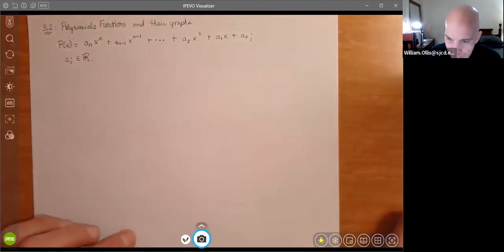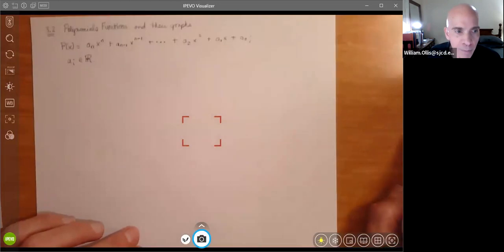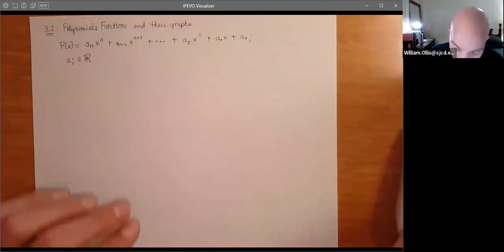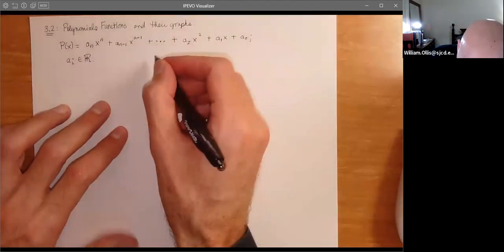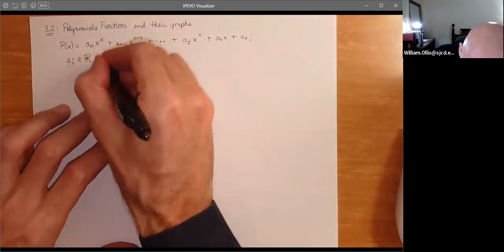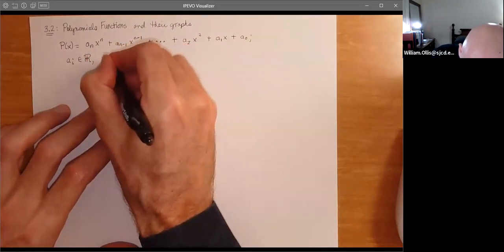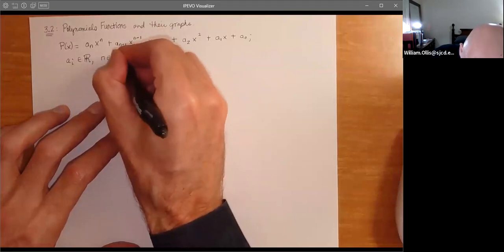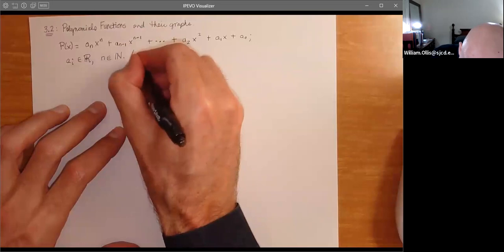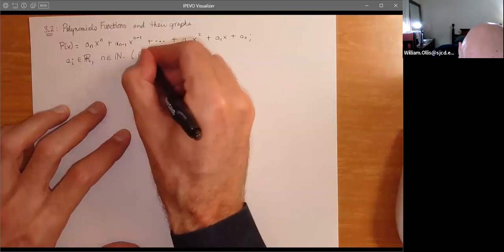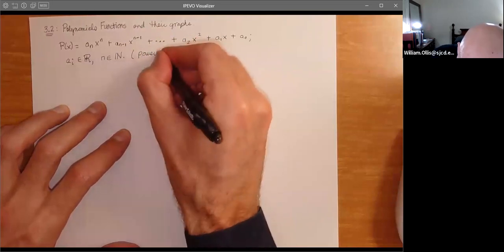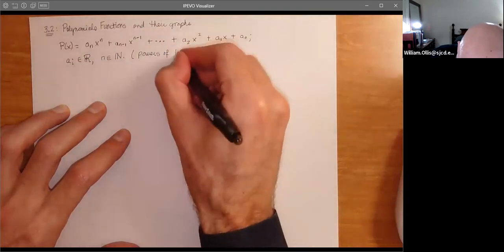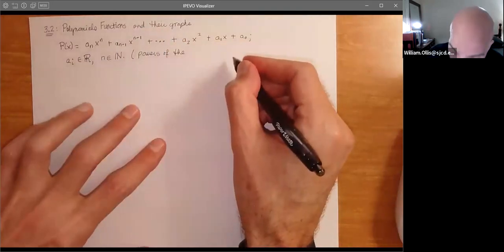Let me grab, there we go, a little focus there. And also note this, n, in this case, is a natural number. So we'll say powers of the variable, and it can be any variable. We have x here.